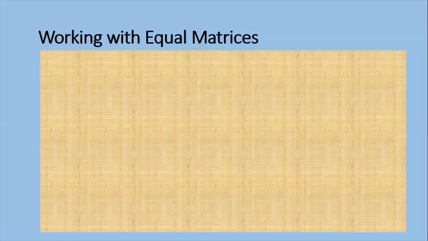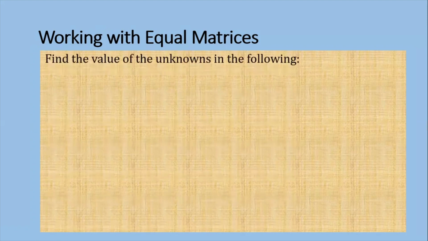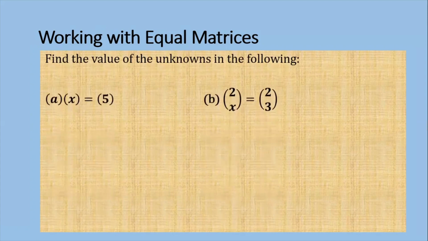So we've seen the different types of matrices, right? We have talked about equal matrices. Now what we are going to see is how to work with equal matrices. For example, find the value of the unknowns in the following. The unknown variable, for example, in the first one, it is x.